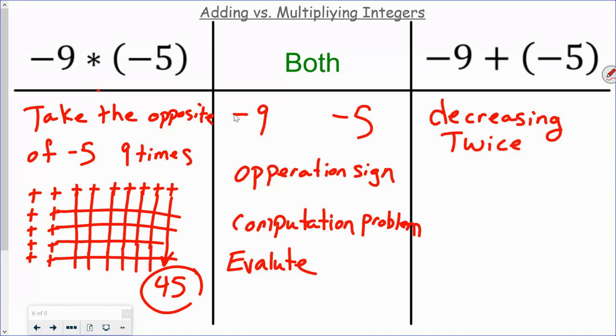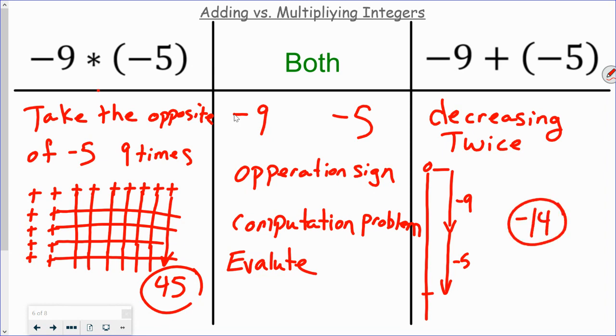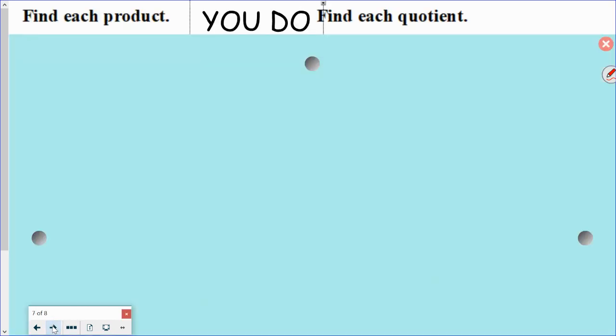Okay, we go down 9 times, if this was our number line, and then we go down even 5 more times. So our solution ends up actually being a -14. So our number decreased even more. So that's just comparing why we use different techniques for our multiplying and our addition. Okay, so that is a quick little why we have different ways we approach it.